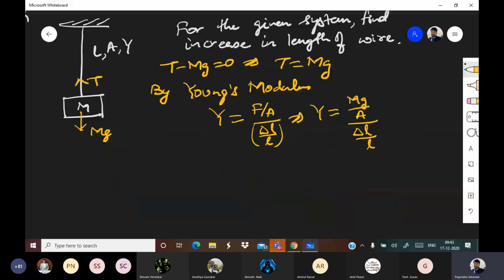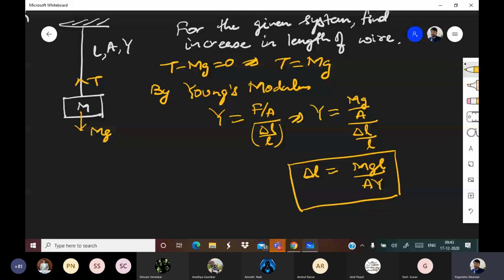So that will give us delta L is equal to MgL upon AY. Please see whether you are getting the same answer or not.